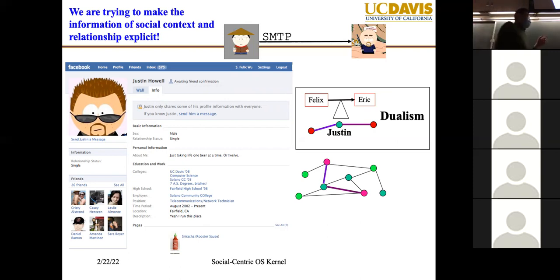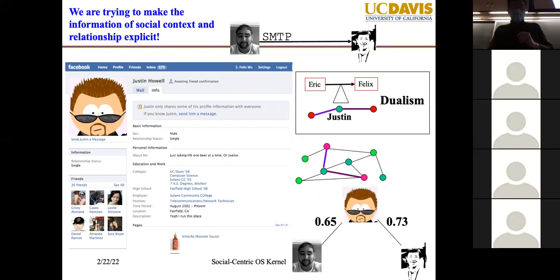Instead of implicit, now we make it explicit. And not only do we make it explicit, but we also put a trust number there, because we know that this particular node, say Justin Howard, maybe has social capital. When I say social capital, it means he's at a position that can connect a lot of people. He's really good in public relations.